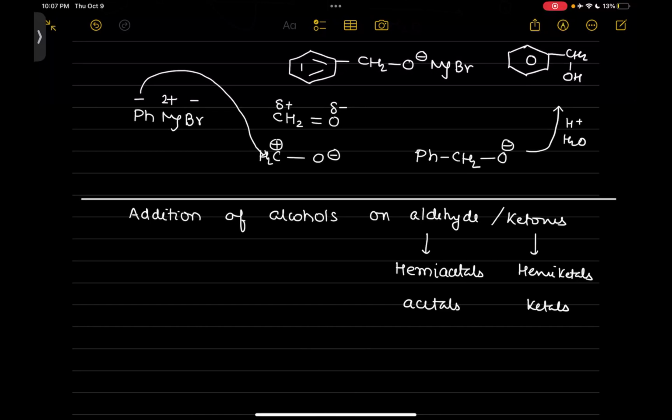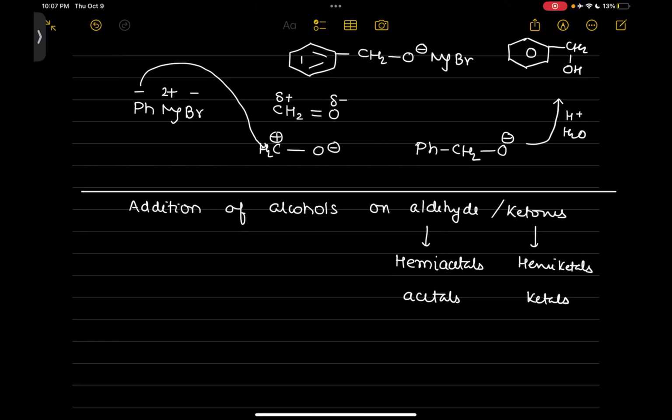Hemiketals and ketals are from ketones. If alcohol gets added to a ketone with 1 mole, you are going to get a hemiacetal or a hemiketal. Ketone will give hemiketal, as aldehyde will give hemiacetal. With 2 moles of alcohol, getting my point?